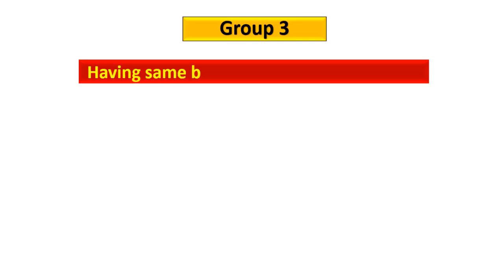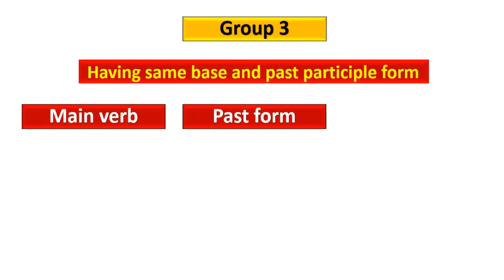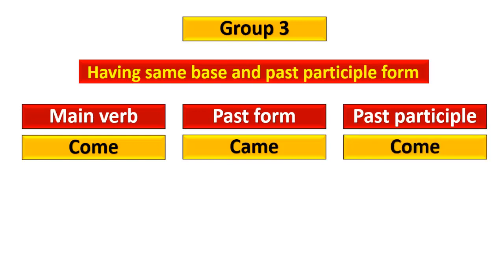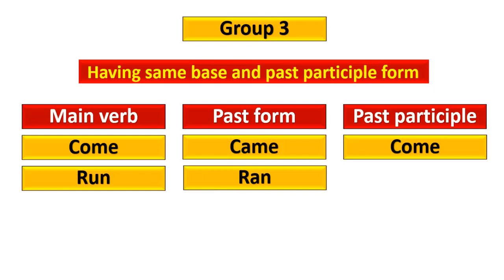Now let's look into Group 3, which has the same base and past participle form. For example, the verb come converts into came in past, and in past participle it again converts into base form come. The verb run converts into ran in past, and in past participle it again converts into base form run.